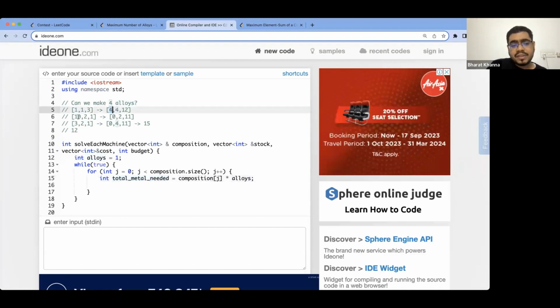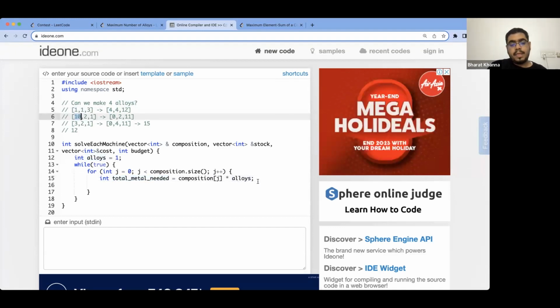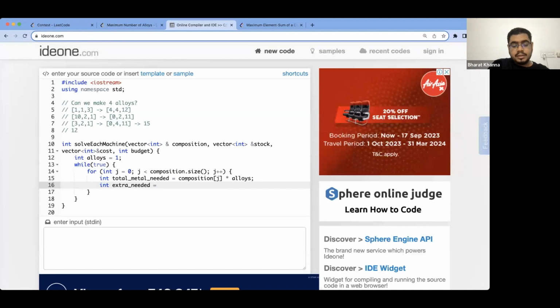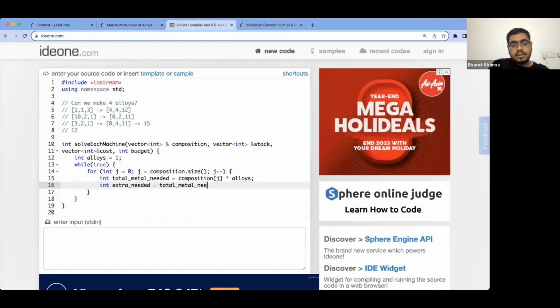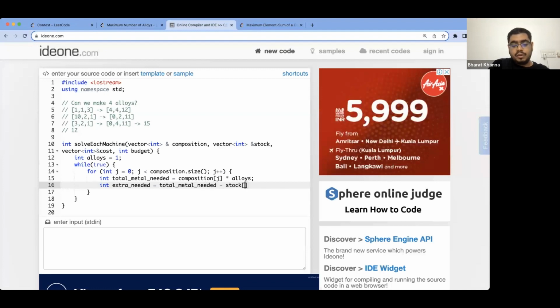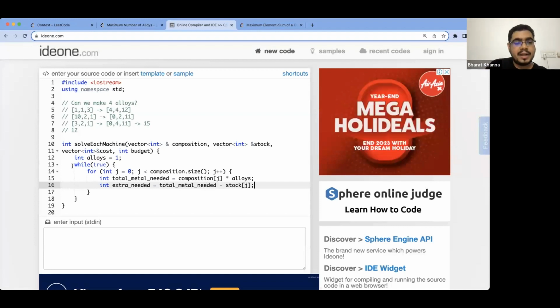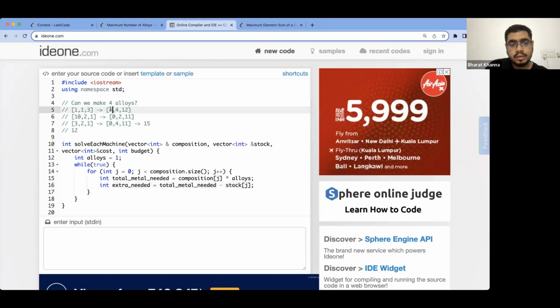Now, we already have some in stock. So let's calculate extra that we needed. What is extra needed? Total which is needed minus what we already have in stock. Does this make sense? Right? Total metal that was needed, so that was 4.